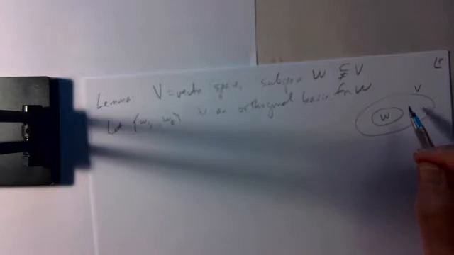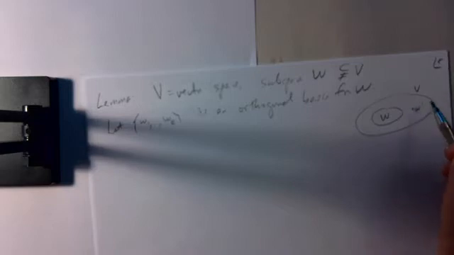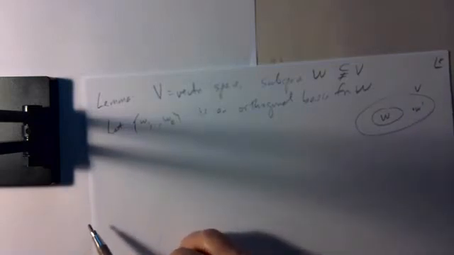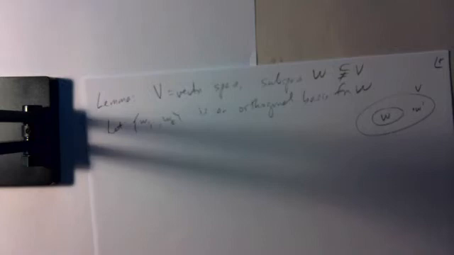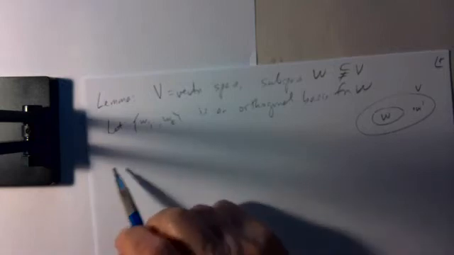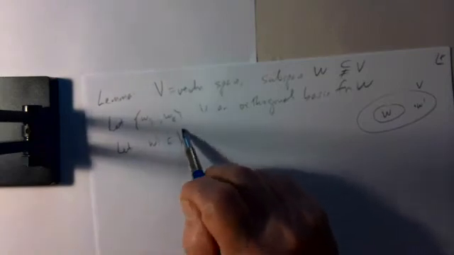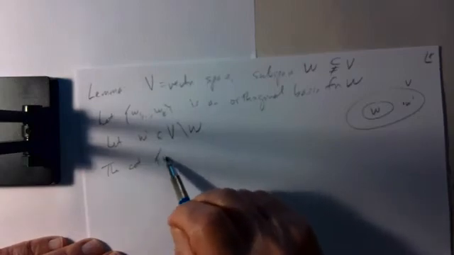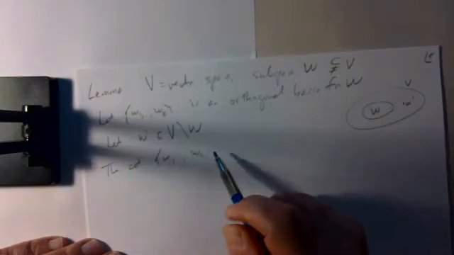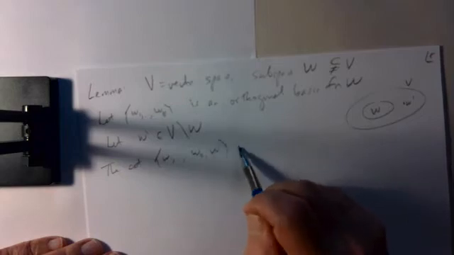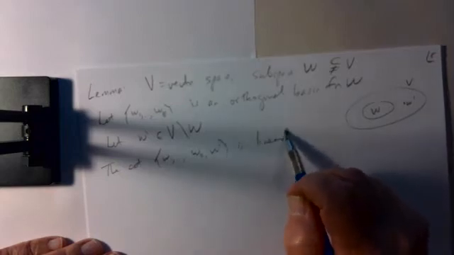So there's some vector, I'll call it W prime, that is outside of W, any vector that's outside of W. So let W prime be in V, but not in W. So we know the set W1 up to WK together with W prime is certainly linearly independent.